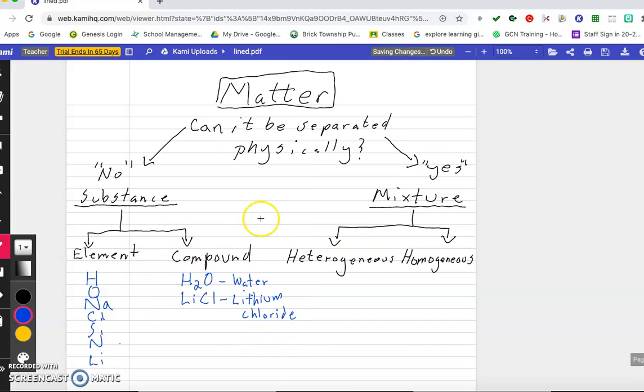Now, the one important thing about a compound is that compounds have formulas. Very important.